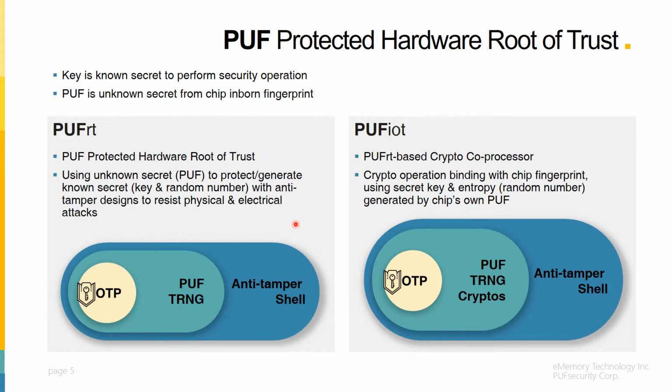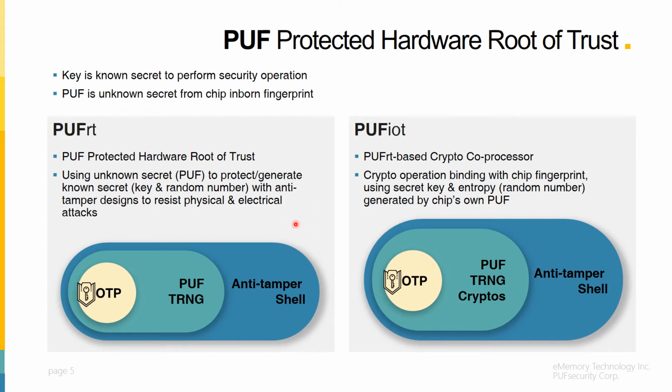Unknown static and random numbers can well protect static stored data. The dynamic random number can protect the macro operation and can be used for further security operation for a secure SOC. Combined with anti-fuse OTP, this hardware root of trust will be a trusty block that can resist hackers' attacks.